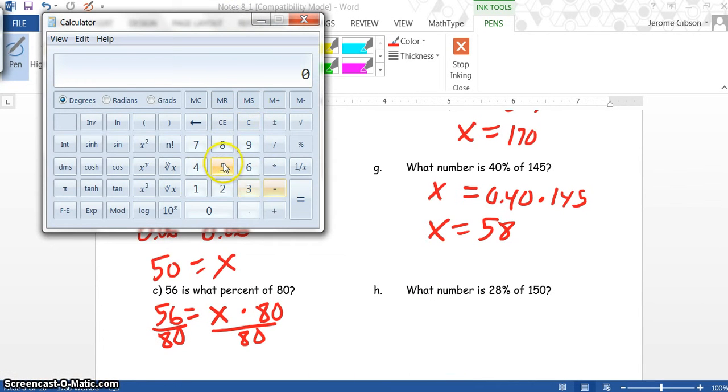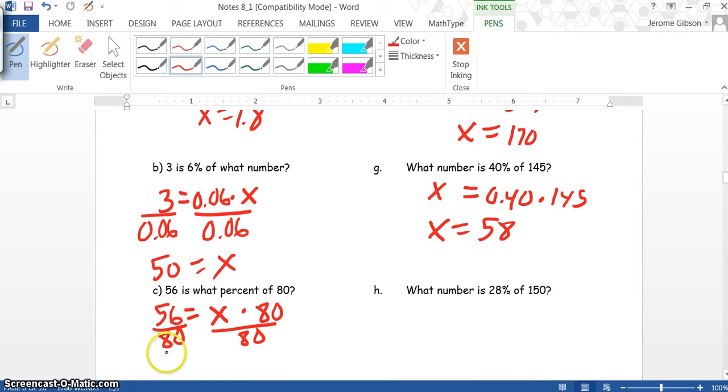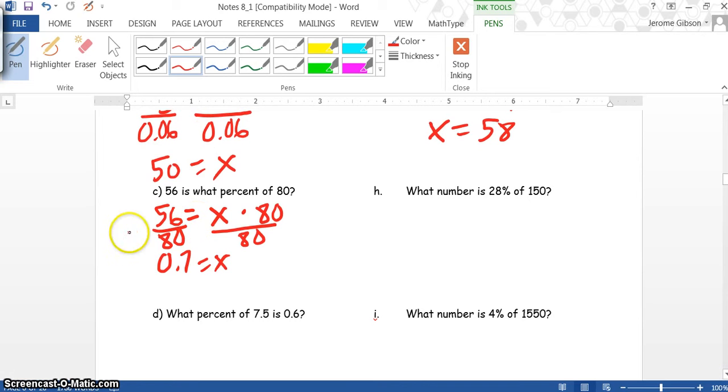We would take 56 divided by 80, and that gives us 0.7. So we have 0.7 is equal to x. Now remember, we want to change this to a percent. So we have to move this decimal 2 places to the right, which will give us 70, and put our percent sign. So it's 70%.